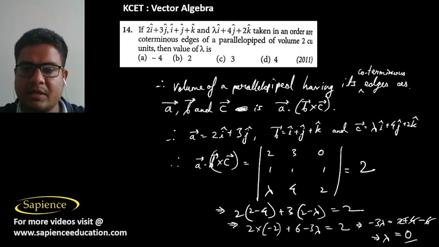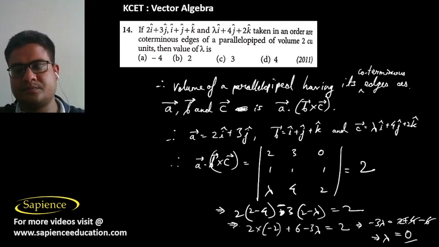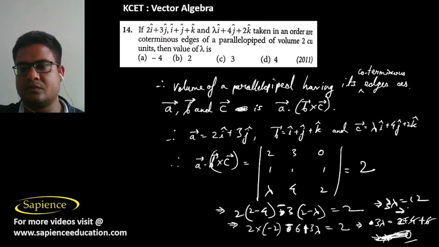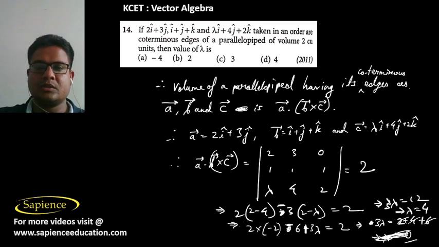So this is minus 3 into minus lambda. This is minus 6 plus 3 lambda, and it equals 6 plus 4 plus 2. So 3 lambda is equal to 12, so lambda is equal to 4. Option D is the correct answer.